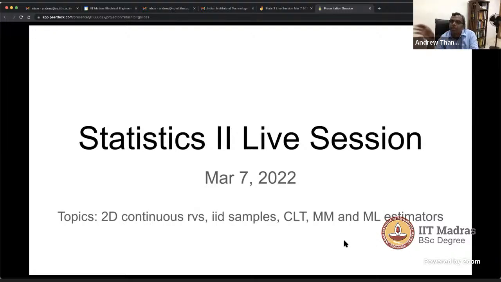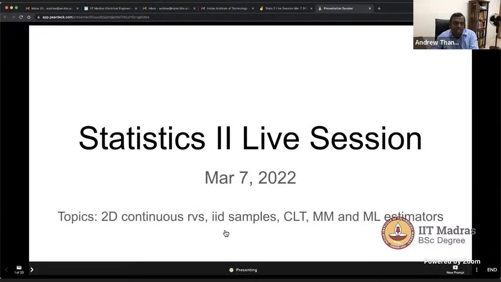Given IID samples, how do you estimate the parameter of a distribution using method of moments or ML? Okay, so these are the topics. These all look like new topics, but really it's nothing different from playing with distributions, thinking of distributions in different ways. So there is some common thread to all this. I hope it's not totally different every time you look at it.